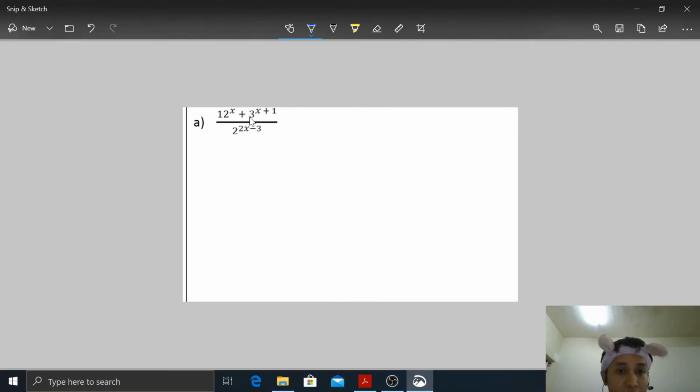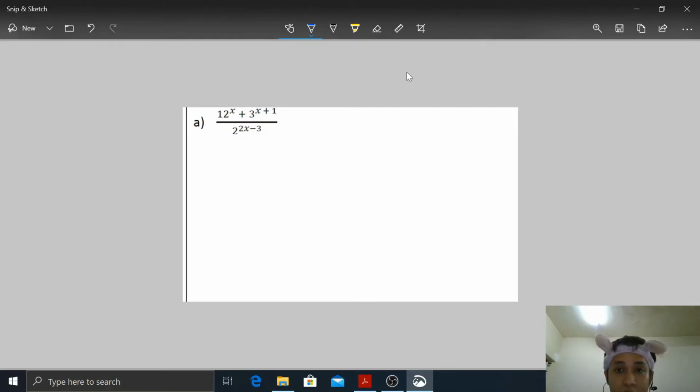Okay, first things first. If you see here, you have 3, you have 2. Remember that in order to do indices, you must make sure that you have the same base number. This is what we call a base number. So this one 12 is different. So no choice. We have to break out the 12, meaning you need to factorize 12 first. So how do you factorize 12?